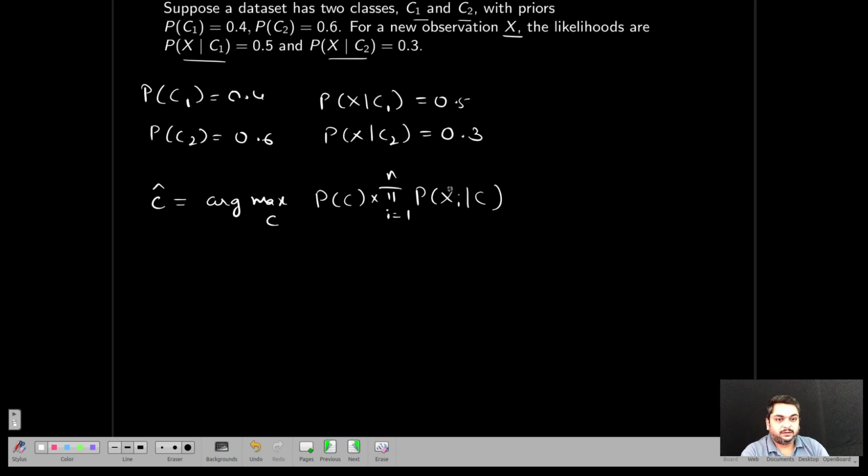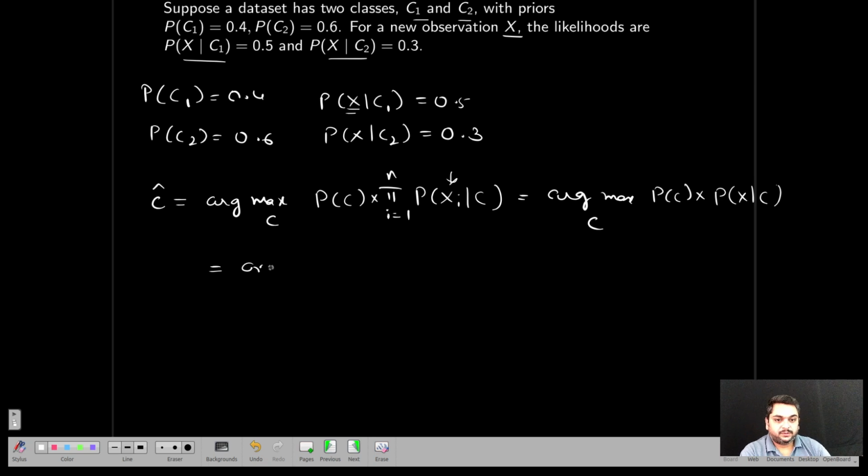You observe that there is only one feature, one predictor, only x. So this reduces to argmax over C of P(C) times P(x given C).